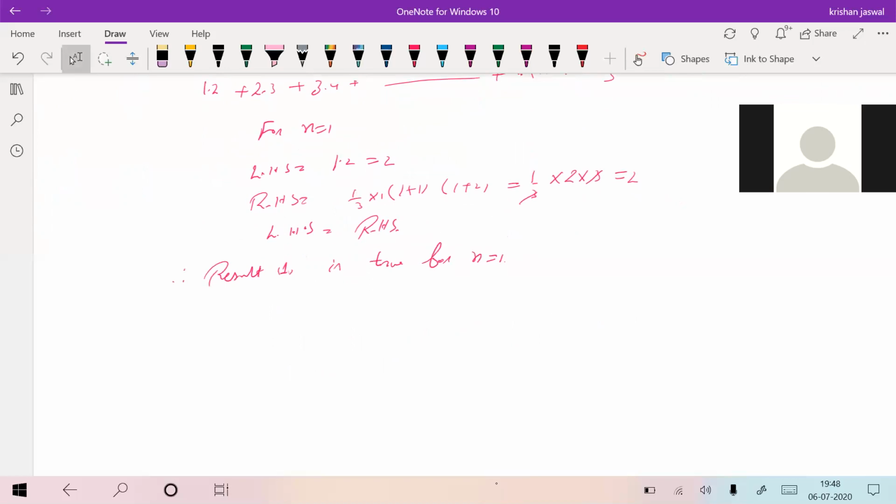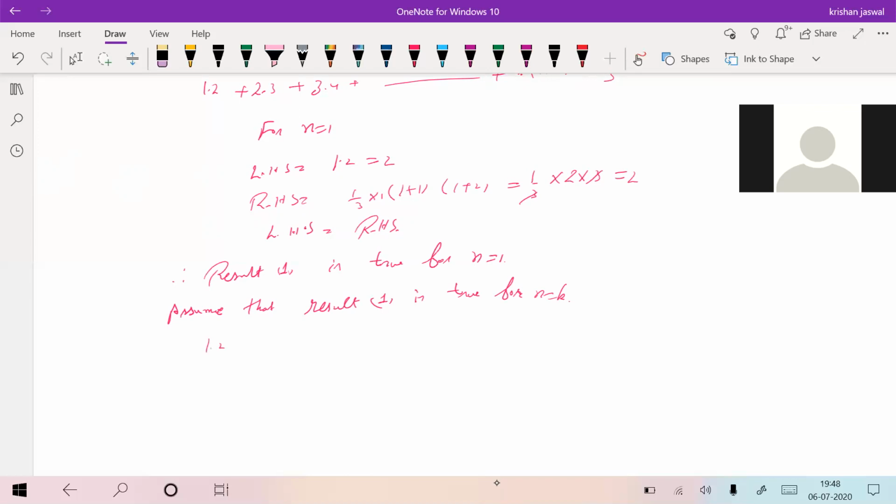Now assume that result 1 is true for n is equal to k.